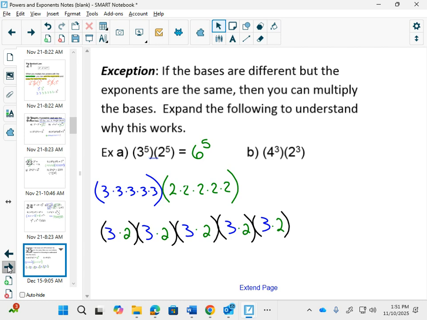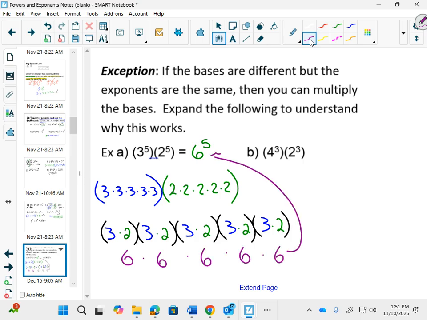Each of those would be 6 times 6 times 6 times 6 times 6. So that would be 5 6s, which would be 6 to the 5.